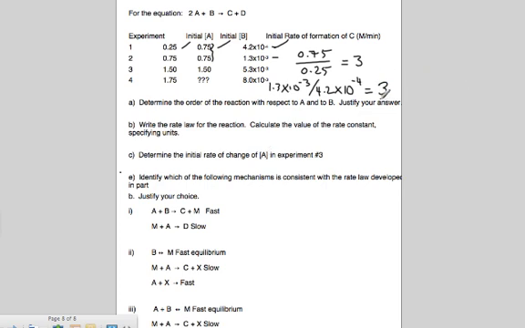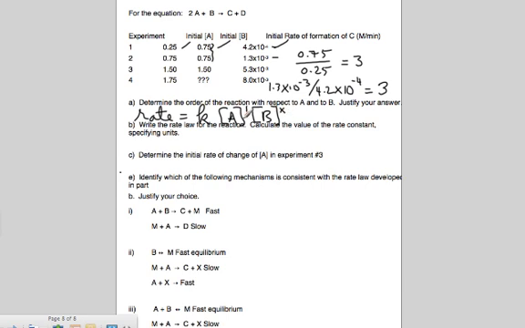All right, so I'm going to say rate is equal to K times A, and A is to the first, and now we have to do B. Now, this is what I'm going to have to do. I really am going to have it as an X, and I'm going to take those same 2 experiments.